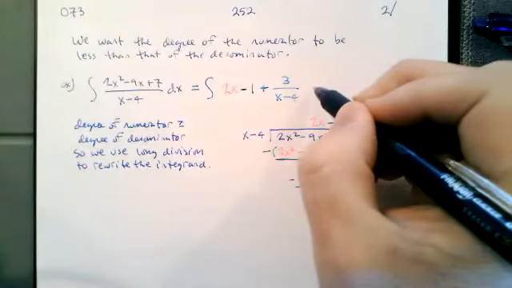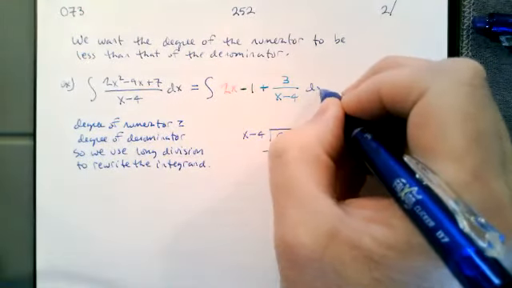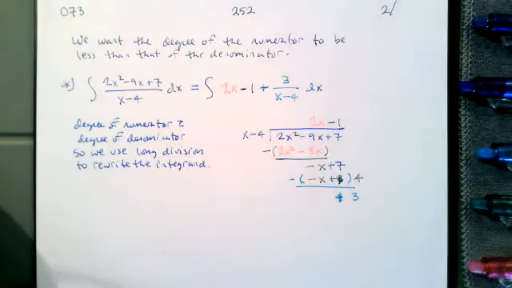Now I've rewritten the integral, or the integrand. There's a polynomial, that would be like the whole number part, and then there's a fraction, and in the fraction, the degree of the numerator is now less than that of the denominator, which is what we want, because now it looks like one of our 3 base cases. We still got the 2x minus 1.